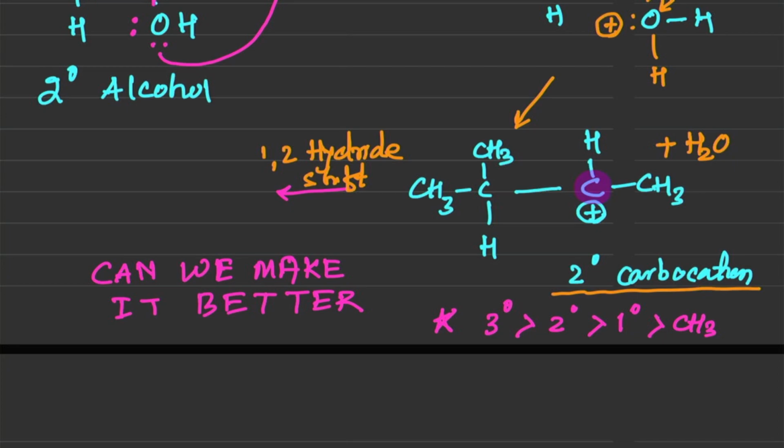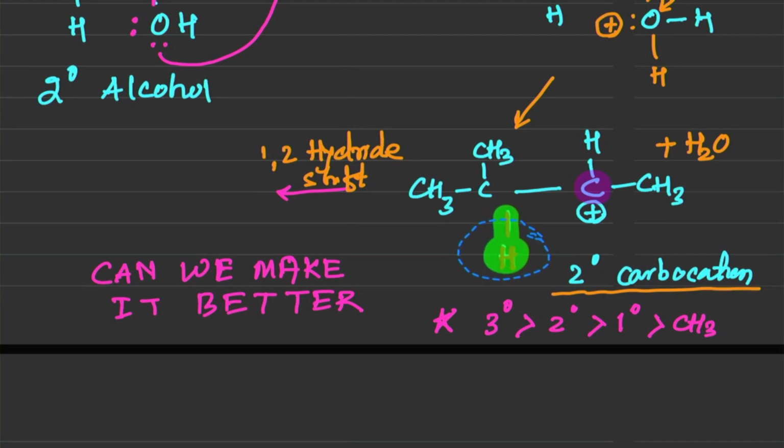What happens is there should be a hydrogen right next to the carbon atom. You see there is a hydrogen right here. This hydrogen will move with its electrons.